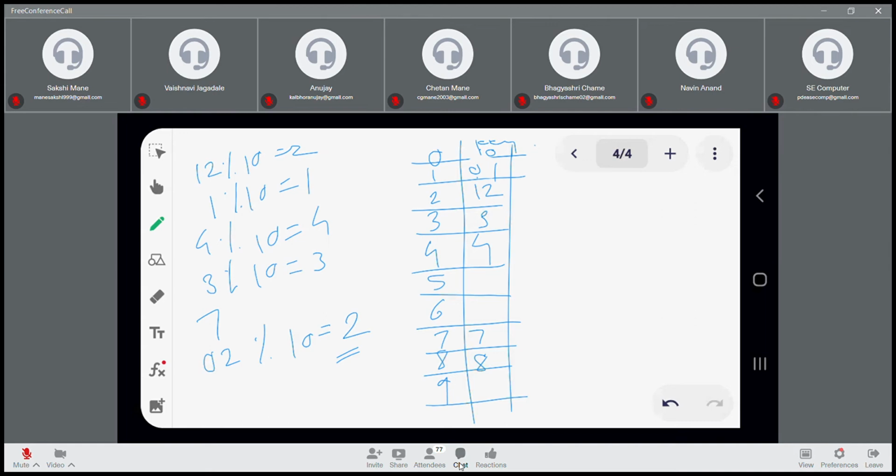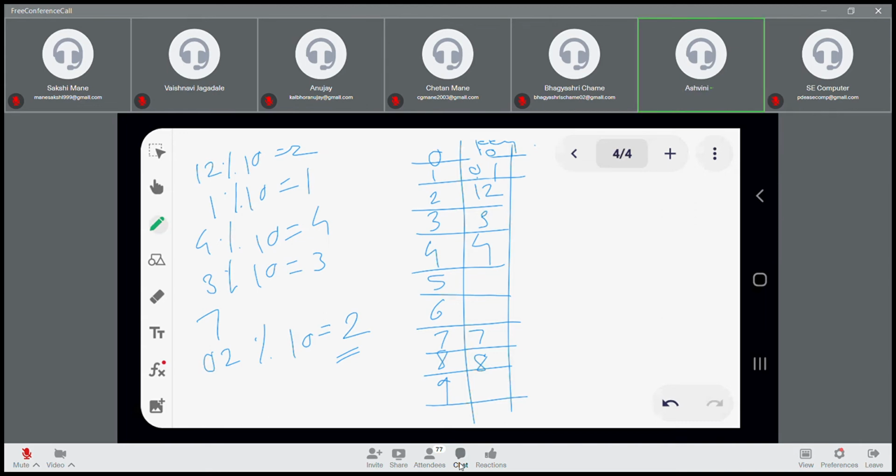So what should I do now if it is without replacement? What is the index for 2? 5.